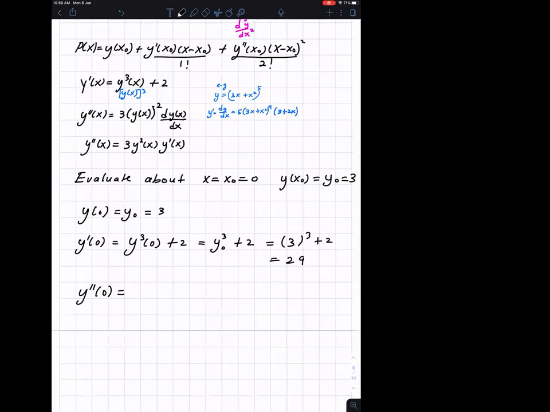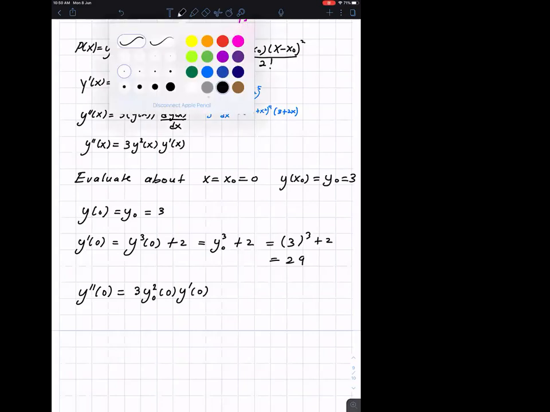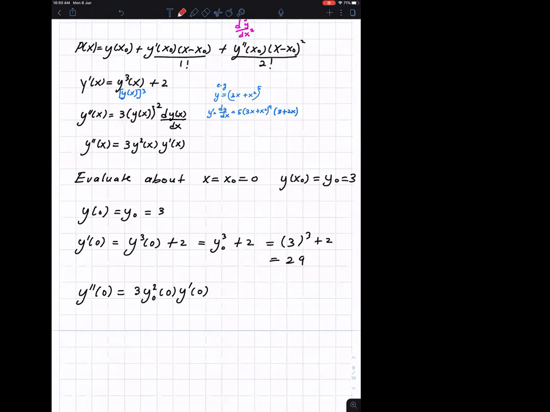Again, you go back to the equation that you derived earlier, and then you can write this as 3 y naught squared y prime. This is the equation I'm evaluating.